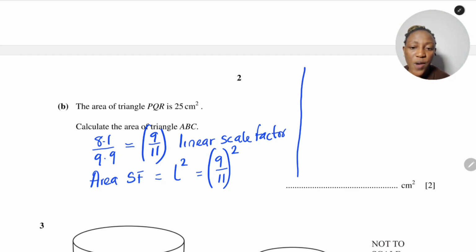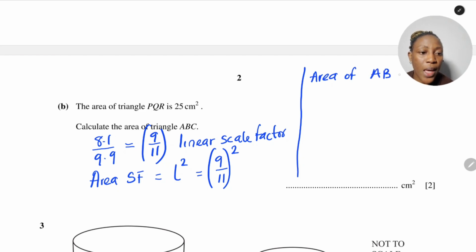What do we do with this value? We just multiply it by the area of the given shape. So the area of ABC will be given by 9 over 11 all squared times 25.